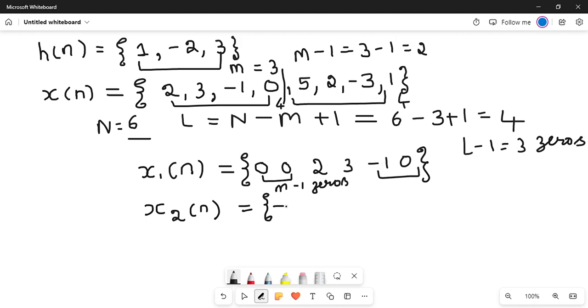The last two values of x1 of n. So we get -1, 0, 5, 2, -3 and 1.